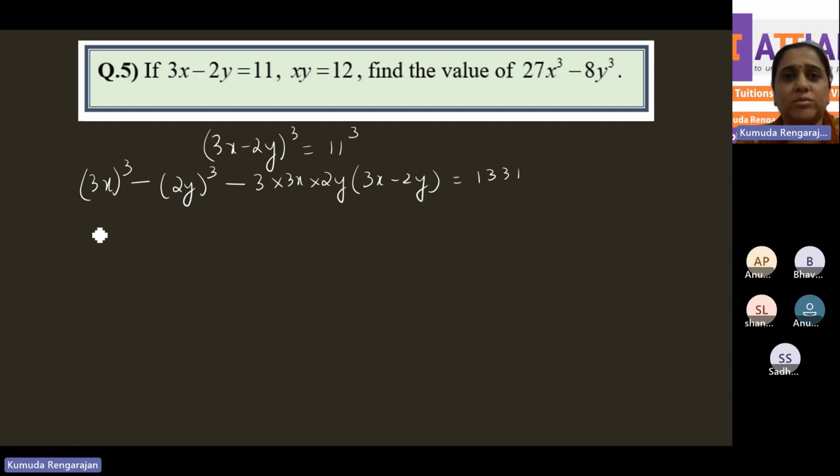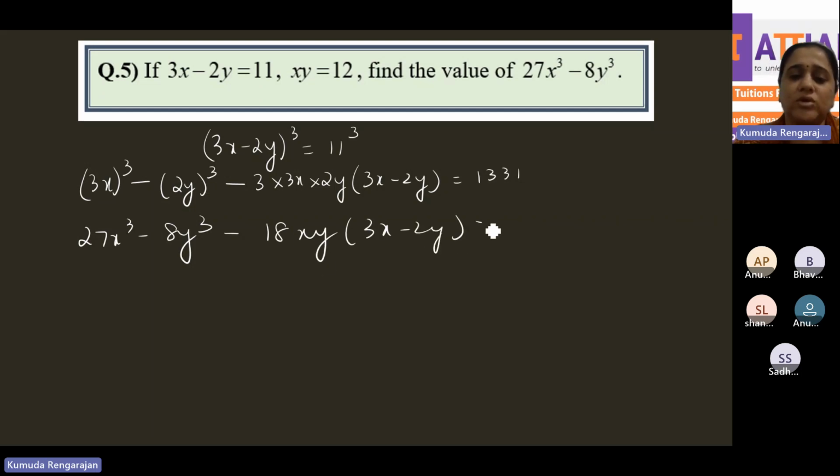What is 3x the whole cube? 27x cubed minus 8y cubed minus 18xy into 3x minus 2y is equal. You can substitute the value also here. What's the value of 3x minus 2y? It's given in the question.